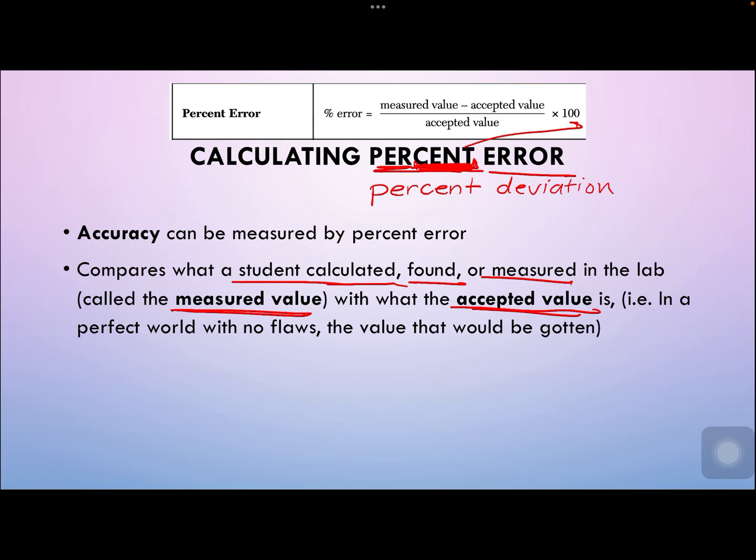So the calculation for this, our first calculation of the year, oh my goodness, is on reference table T. Reference table T is the last of the reference tables. It has a list of all the different types of calculations you're going to be doing this year.